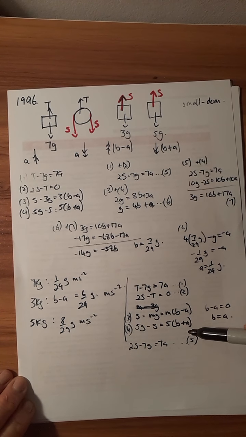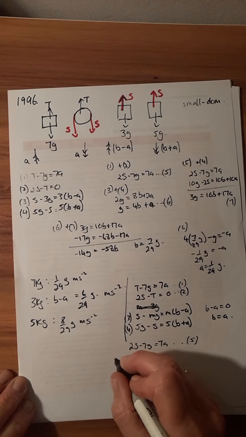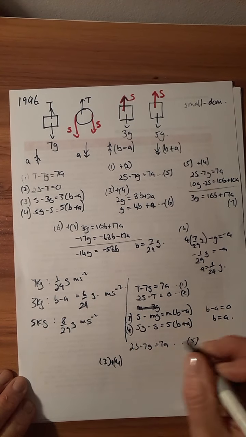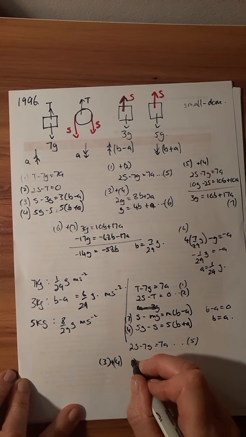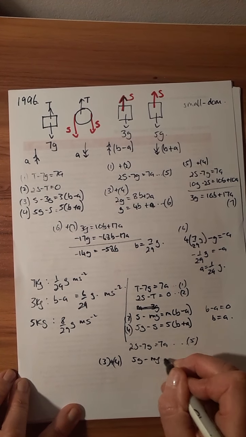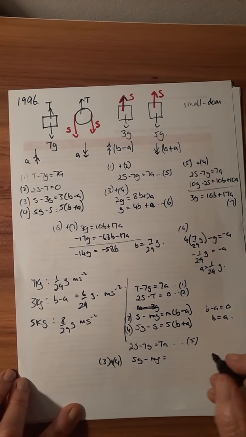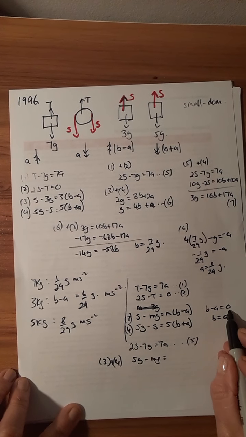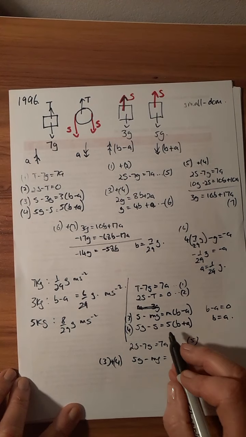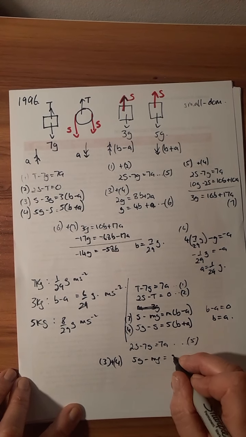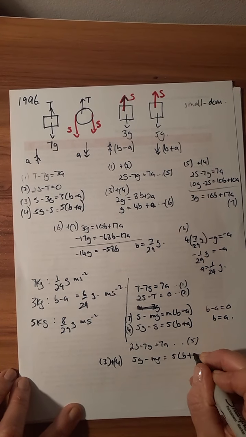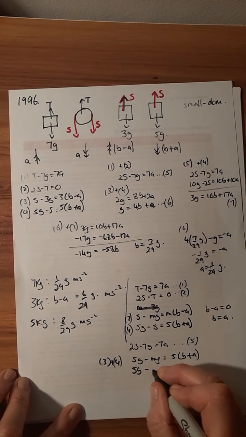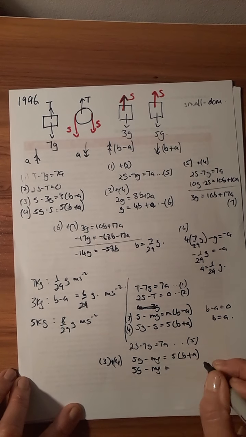Using 3 and 4 this time and getting rid of the s's, this becomes 5g minus mg equals m times b minus a, but of course b minus a is 0, so that will be 0 here. I'll add the 5 into b plus a, but b and a are equal, so this becomes 5g minus mg is equal to 10b.